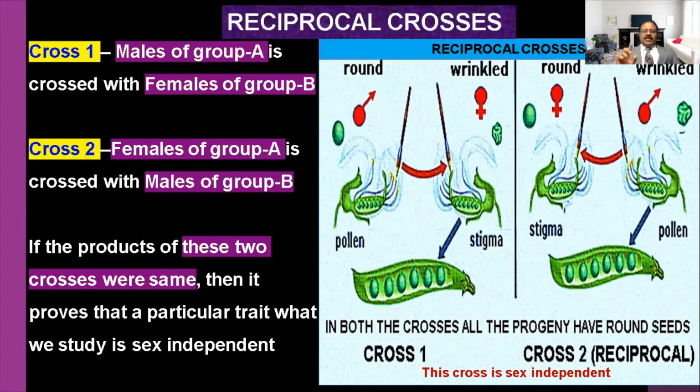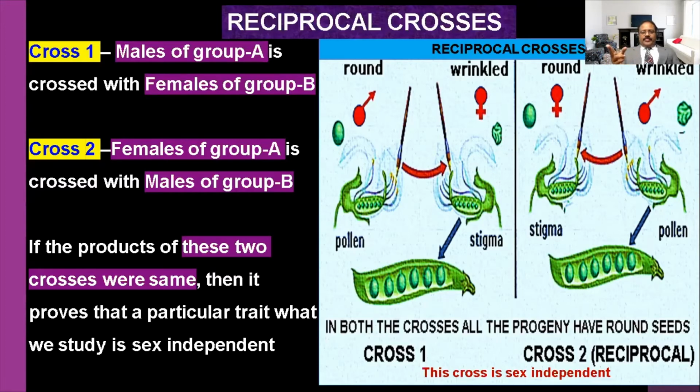So from the wrinkled plant, pollen never falls on the stigma of the wrinkled plant. Clear? Here the pollen is there, so we take this pollen from the round seeded plant, which acts as a male plant, and put it on the stigma of the wrinkled plant, which acts as a female. At the end of the cross, we get a round seeded plant.